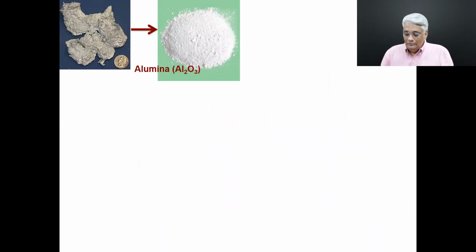Now I'll give you another very interesting example of doping. This is also doping that brings about changes in optical properties. Now, we looked at a silicon lattice. Silicon has a band gap of 1.1 electron volts.